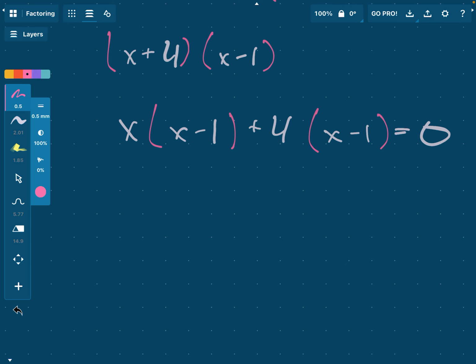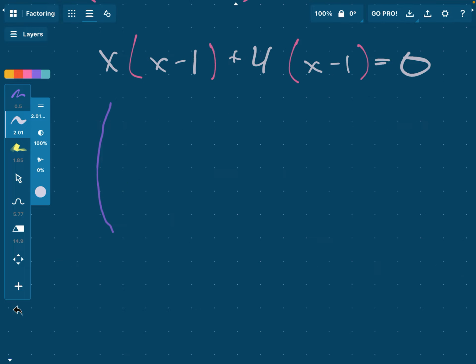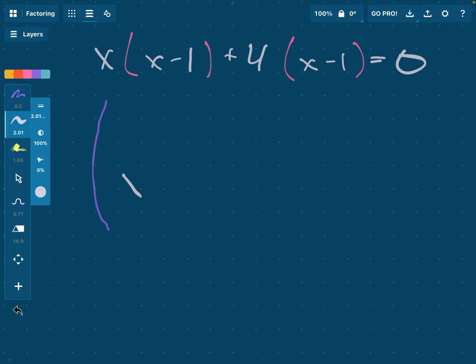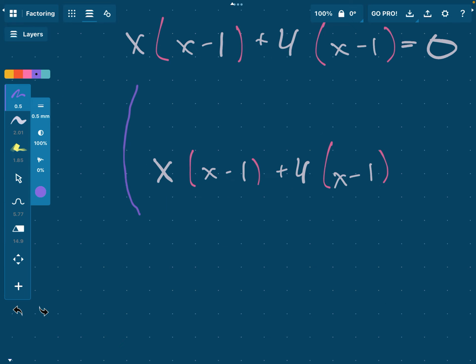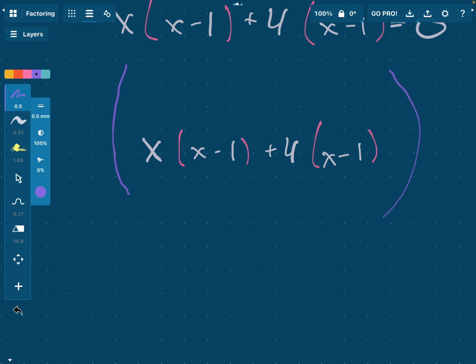And what we do is we're going to put a big parenthesis on the outside here, and we have x times x minus 1 plus 4 times x minus 1. I'm not very good at switching the colors here, I'm going to be honest, but it's okay. We'll keep trying. And we're going to make the parentheses about the same size.